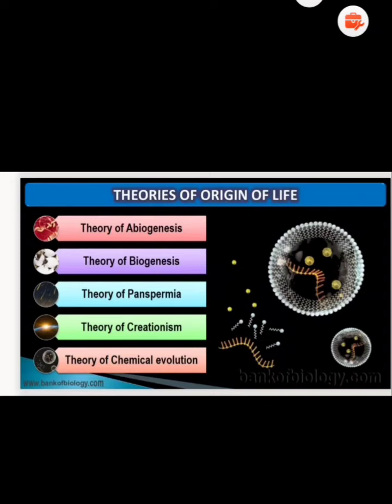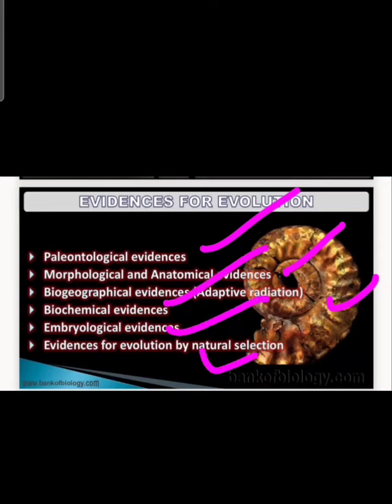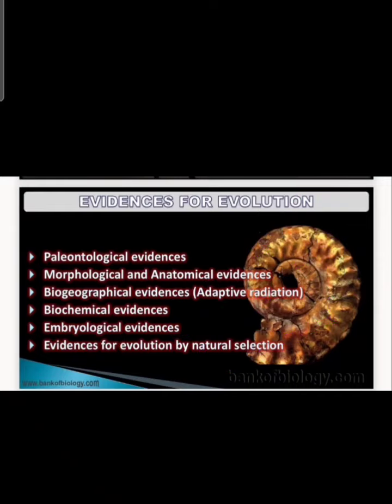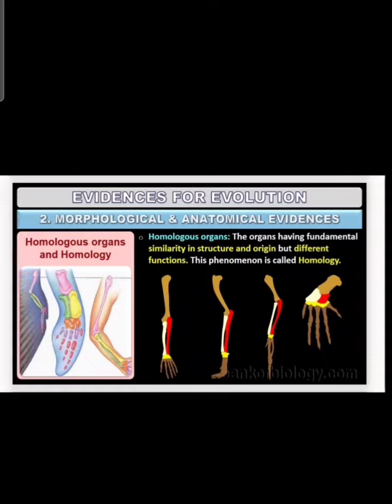We have seen paleontological evidences, morphological evidences, biogeographical evidences because of the geographical area, chemical and biochemical evidences, embryological evidences, and evolution by natural selection. We hope you enjoyed the class and found it interesting.